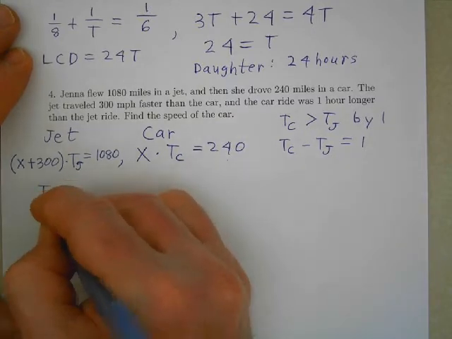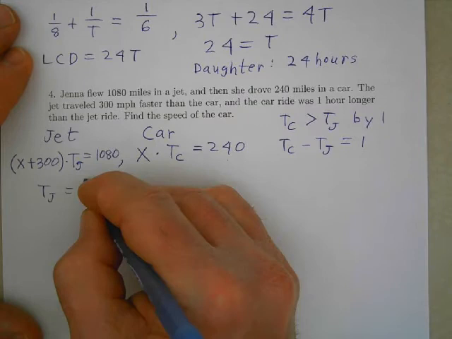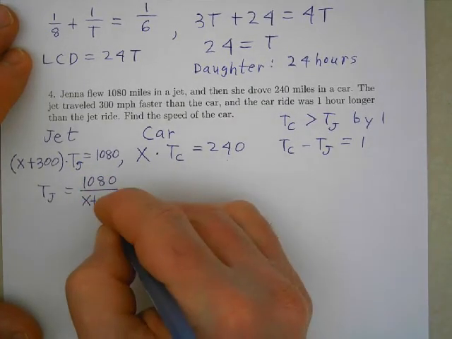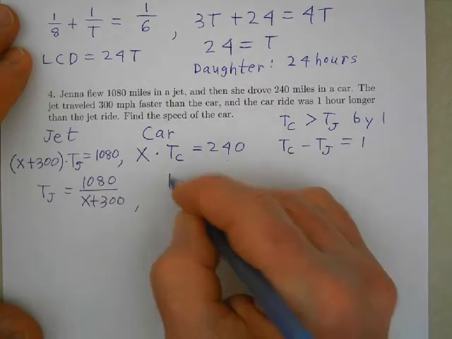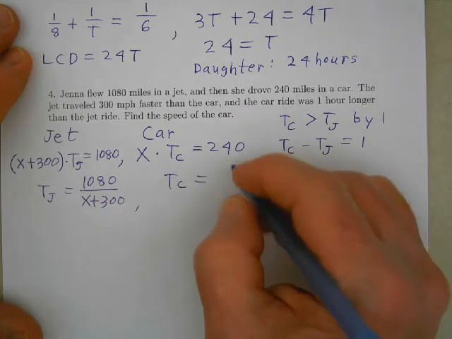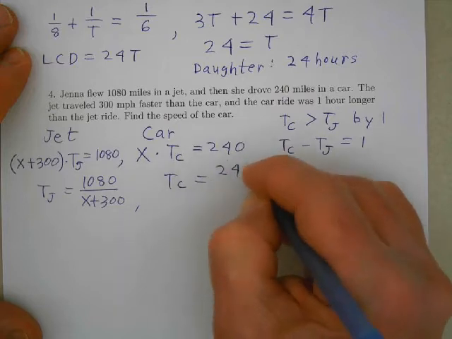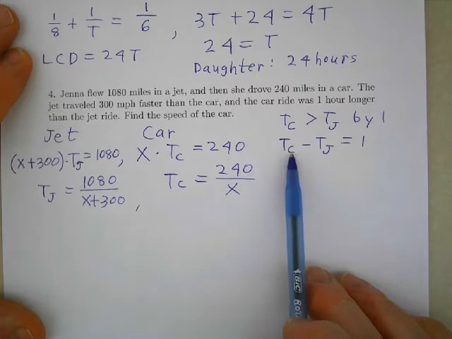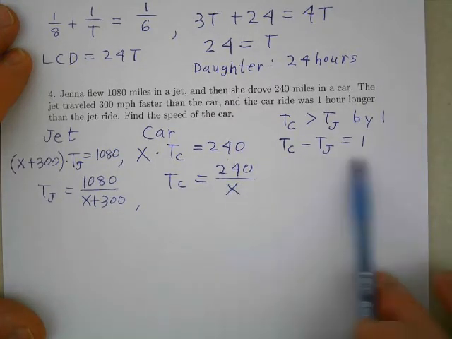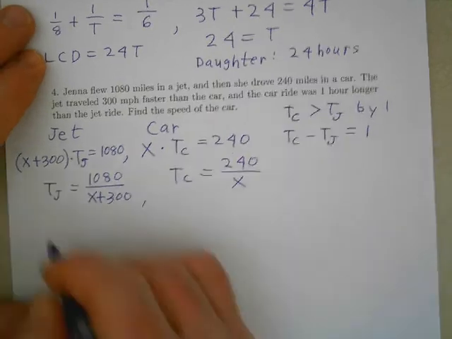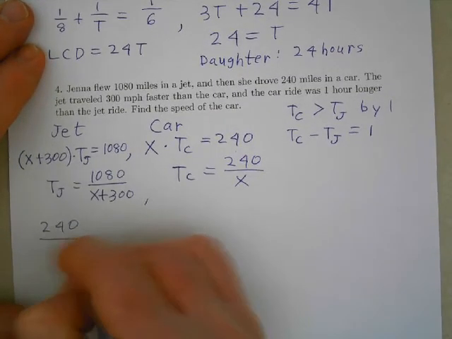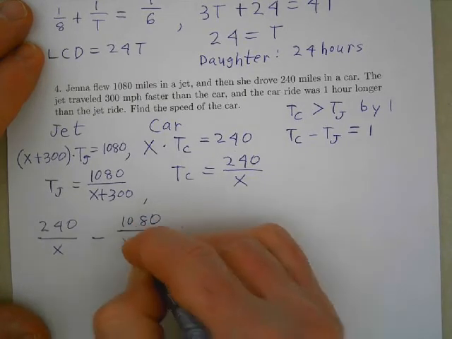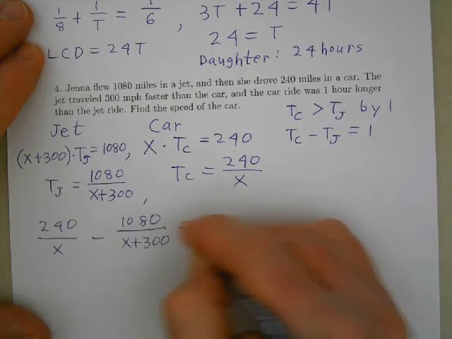The time for the jet is 1,080 divided by the rate, distance divided by rate, and the time for the car is 240 miles divided by the rate. Substituting those two quantities, our equation is 240 over x minus 1,080 over x plus 300 equals 1.